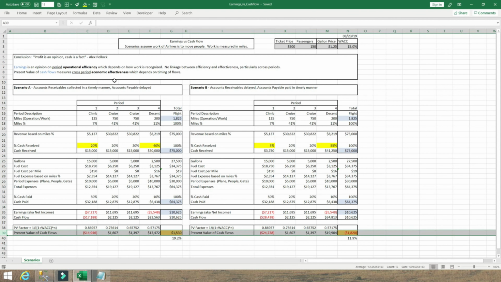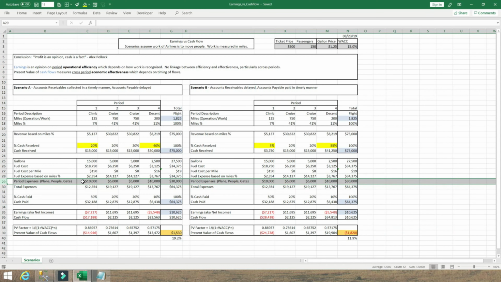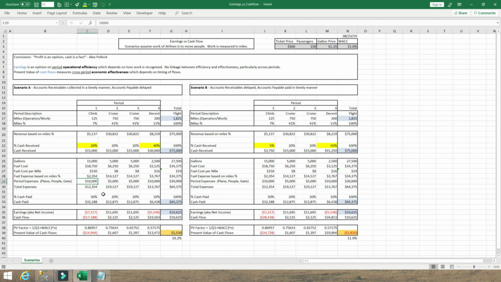All right, I want to back up here and point out that Alex Pollock made a comment, said, profit is an opinion, cash is a fact. And I want to have you keep that in mind as we're going through this example, that profit is an opinion, because things like what we'll show here, period costs, we're showing that in a particular period, let's say here, period 1 is $10,000 of costs.